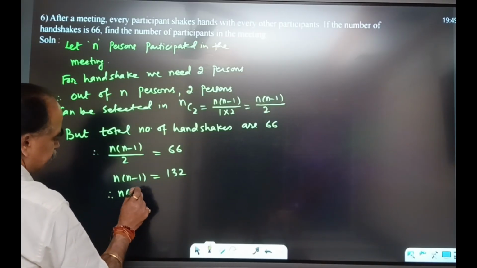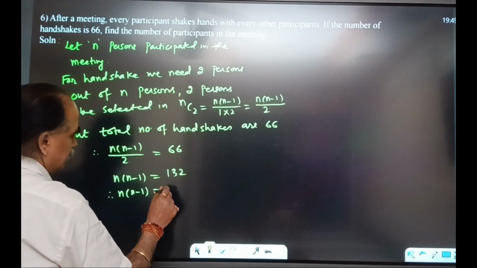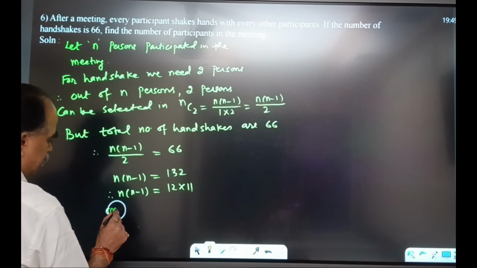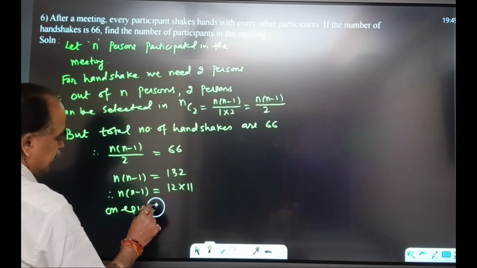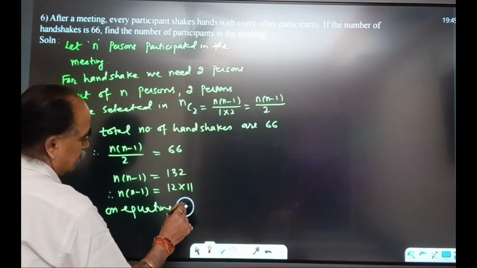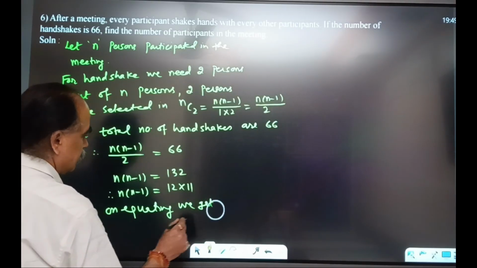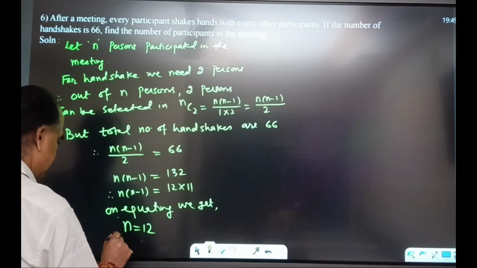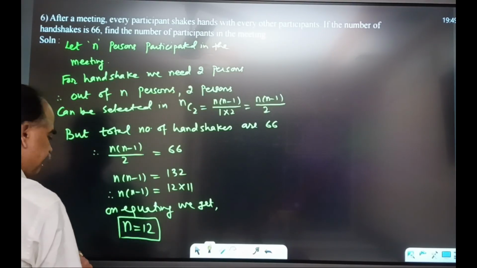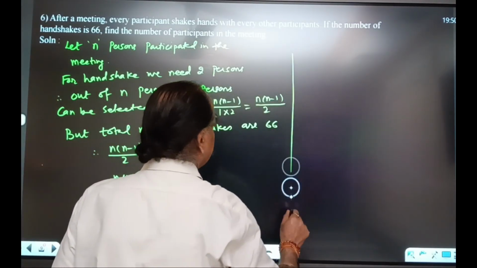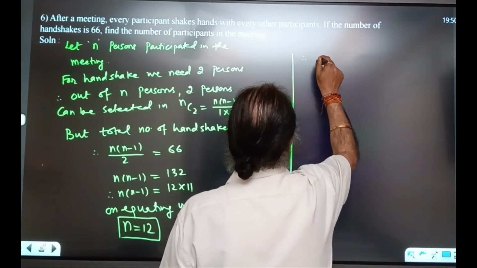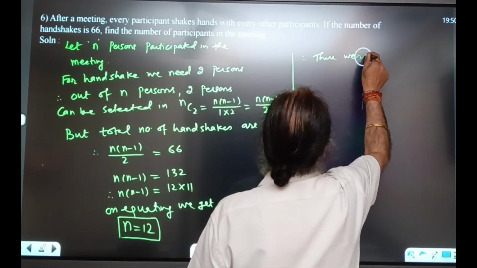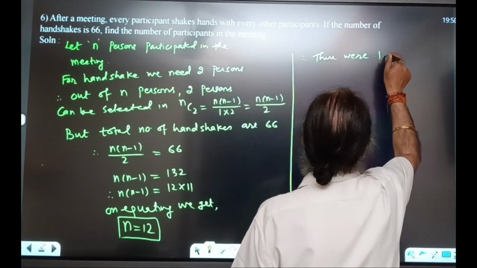So n into n minus 1 is 12 into 11. On equating, we get n is 12. Therefore, there were 12 persons in the meeting.